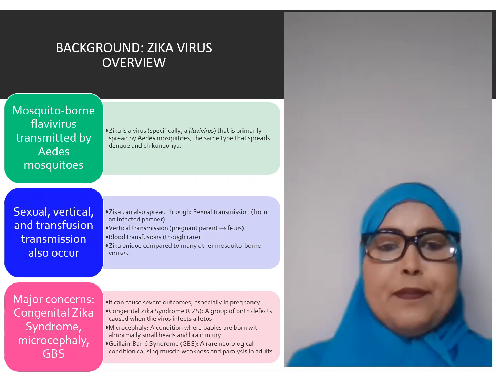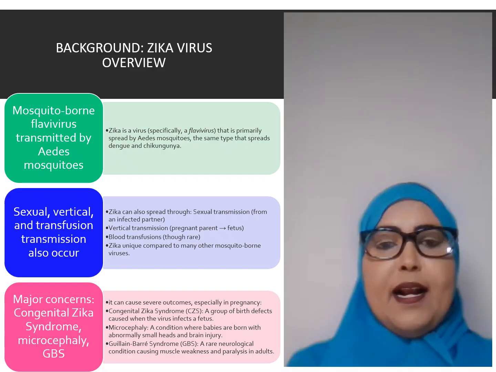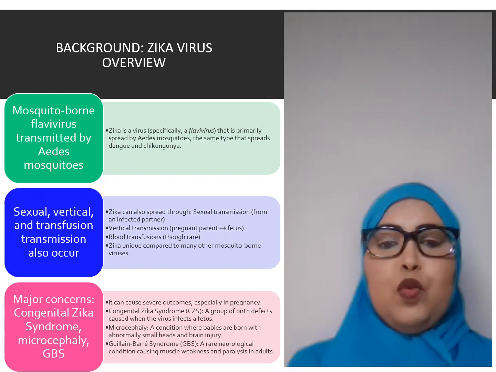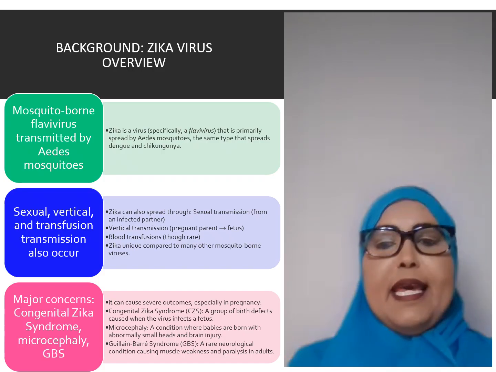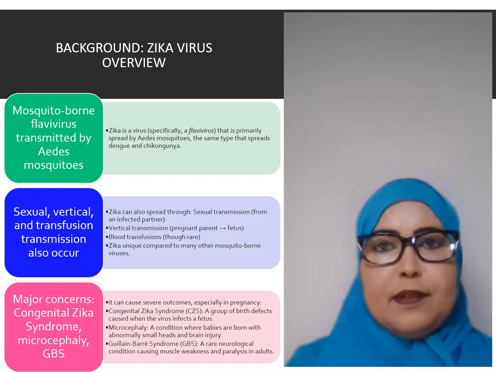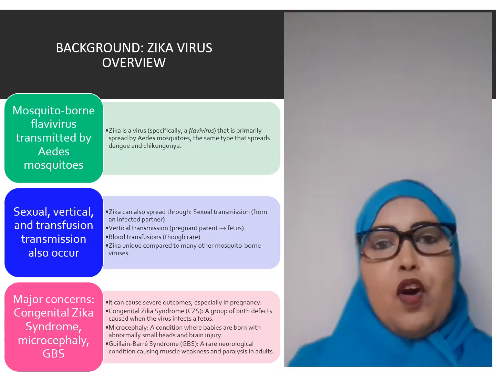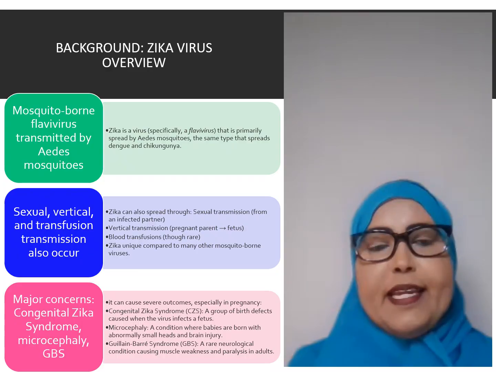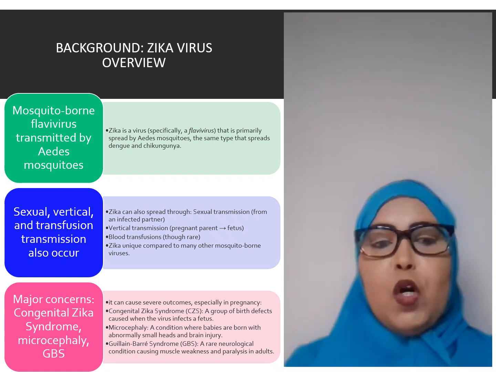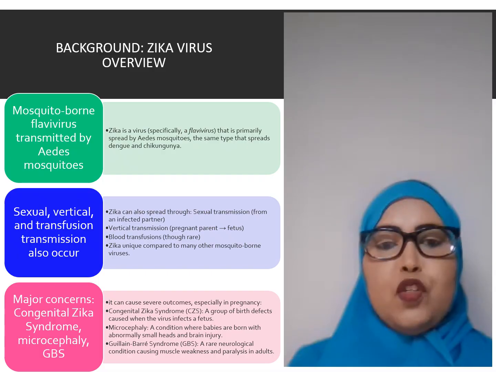It also transmits through vertical transmission, from a pregnant patient to the fetus. So if the mother is infected, she can transmit the disease to the fetus, either partner to partner, or mother to child in the womb. It can also be transmitted by blood transfusion in rare cases.